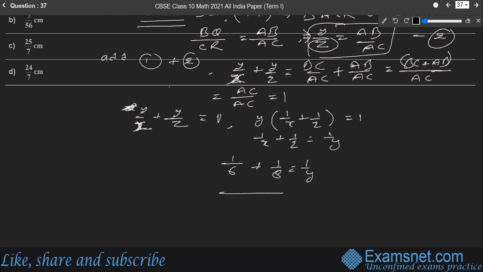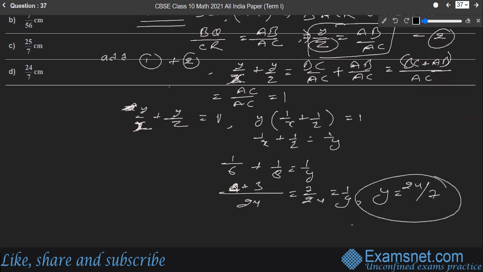Let's take the LCM as 24. So it is going to be 4 plus 3, that is 7 by 24, equal to 1 by y. Which gives us y is equal to 24 by 7. That is the right answer, available in option number D.